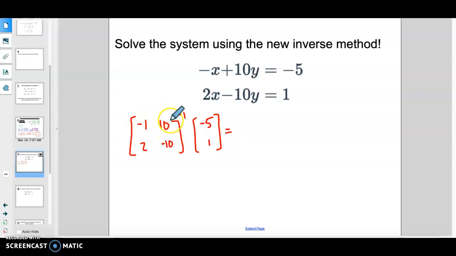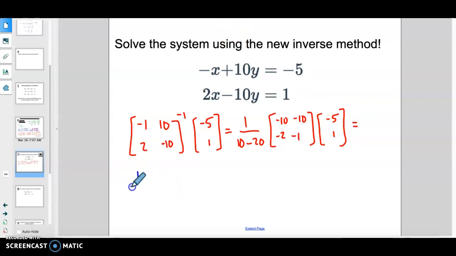I'd start with finding the determinant of this matrix, so 1 divided by the determinant: 1 over 10 minus 20. We switch the first diagonal, so -10, -1, and switch the signs of the second diagonal. Then I would recommend multiplying together the two matrices, because otherwise we're going to get a bunch of fractions.